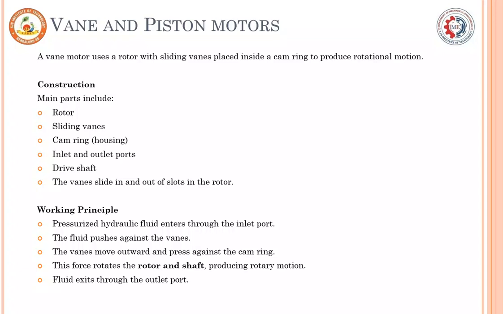The working principle: pressurized hydraulic fluid enters the inlet port and pushes the vanes. The vanes move outward and press against the camring. This force rotates the rotor and shaft, producing rotary motion. The fluid exits through the outlet port. Like this, the vane motor works.